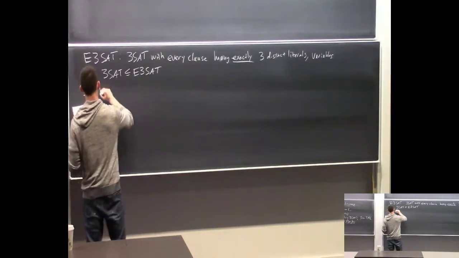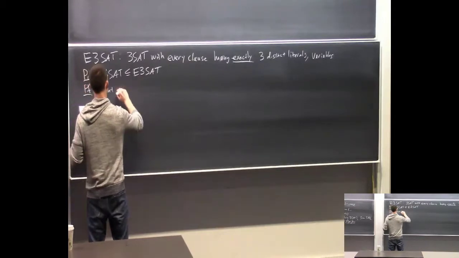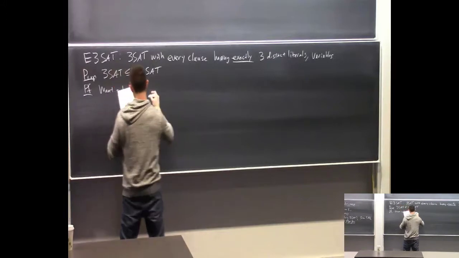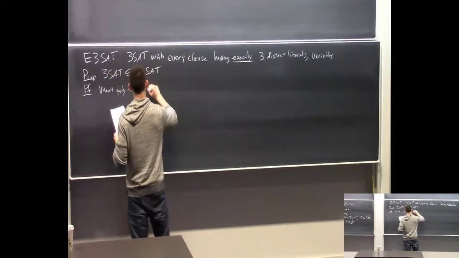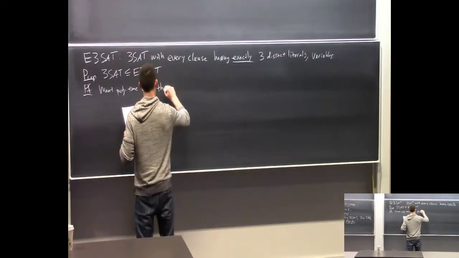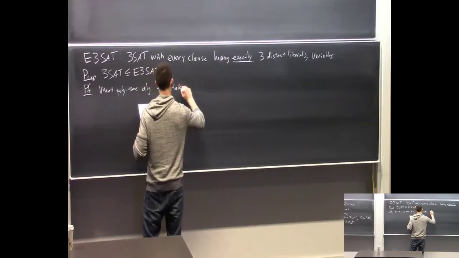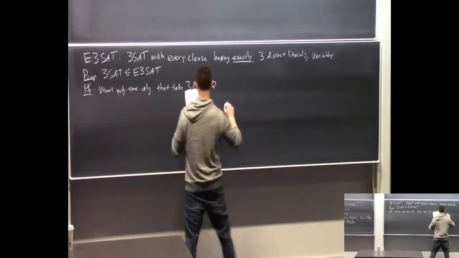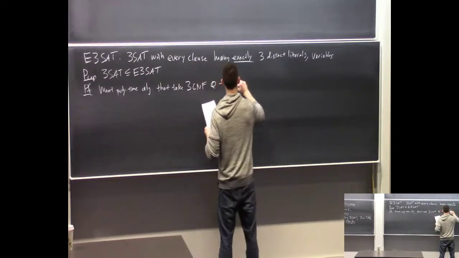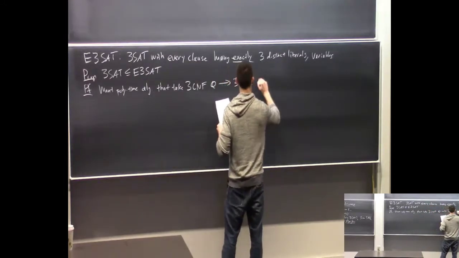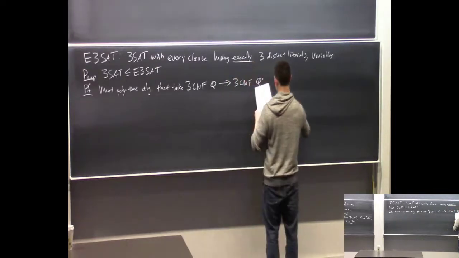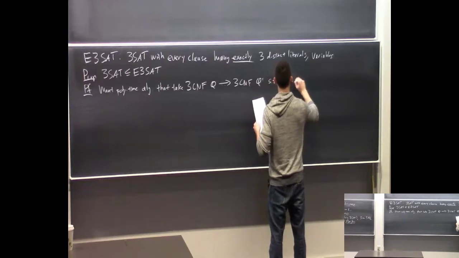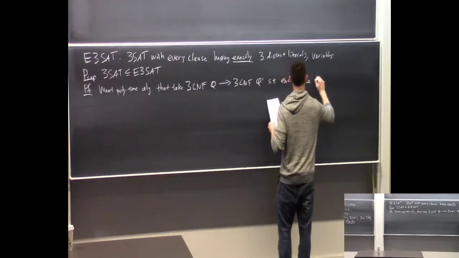Well, what we would really like is a polytime algorithm that's going to take a 3CNF phi to a 3CNF phi prime such that each clause has exactly 3 literals.